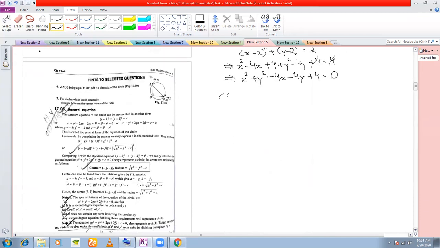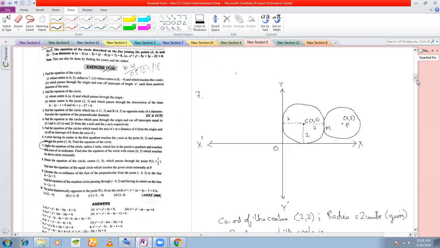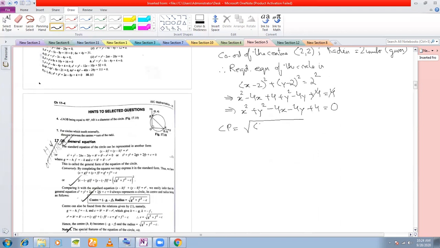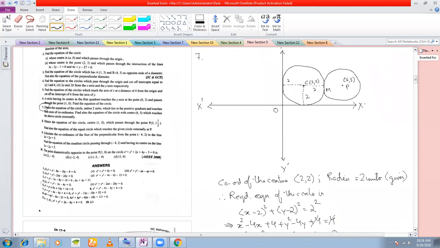What is the distance CP? CP is equal to square root of (6 minus 2) whole square plus (5 minus 2) whole square, which is equal to root over 4 square plus 3 square, which is root 25, which is 5 units. So the distance between the centers CP is 5 units.